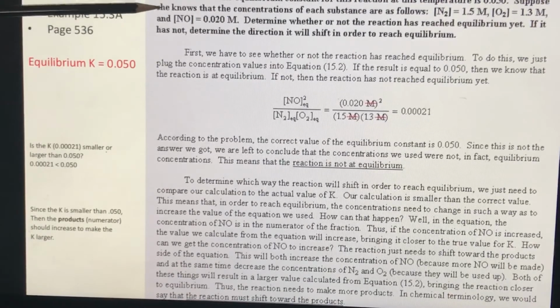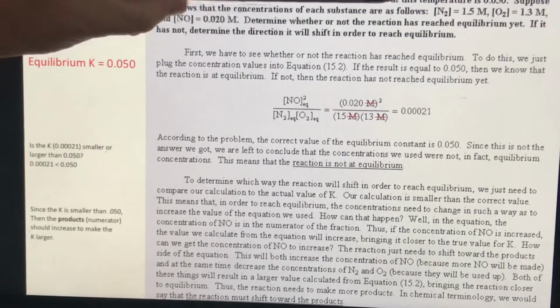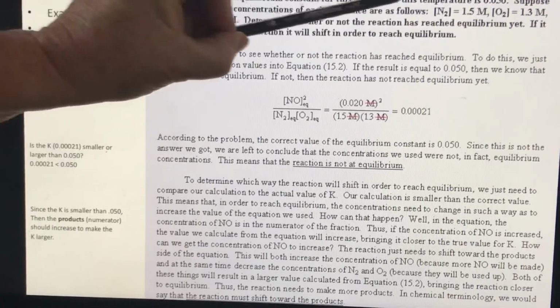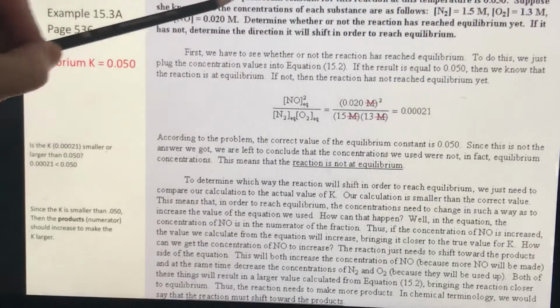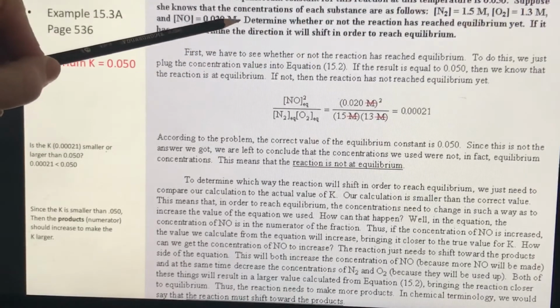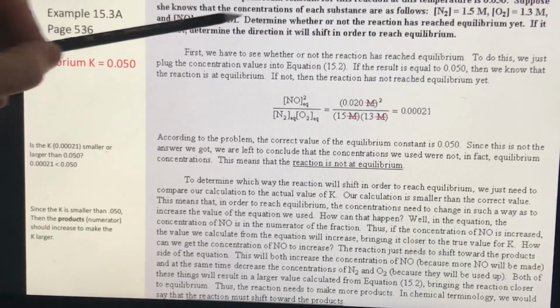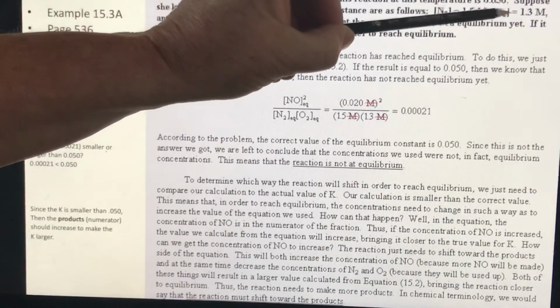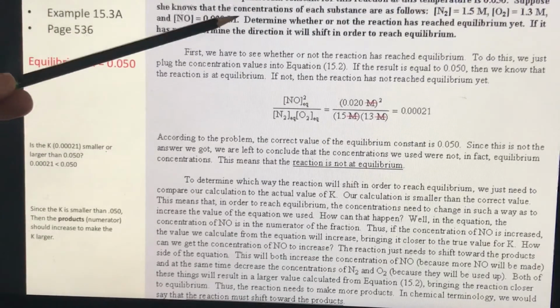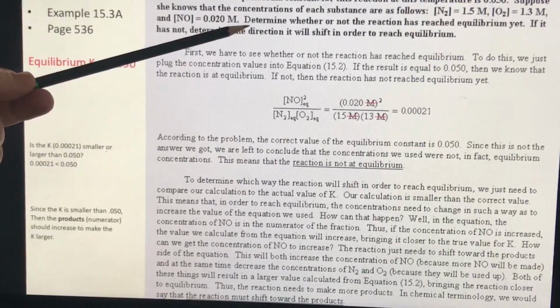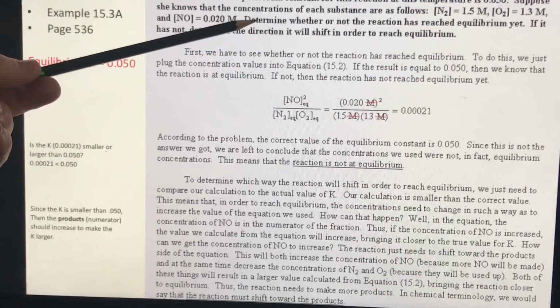Suppose she knows that the concentrations of each substance are as follows. So she's giving us the nitrogen concentration, the oxygen, and the nitrogen monoxide. Now notice that they don't have little EQs after those concentration brackets because we don't know if it's at equilibrium, right? Determine whether or not the reaction has reached equilibrium yet.